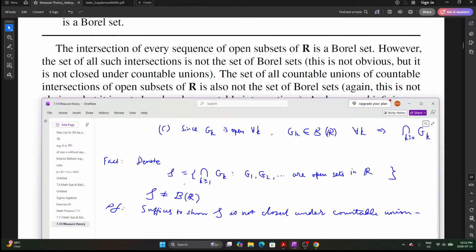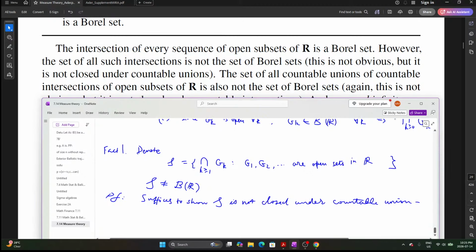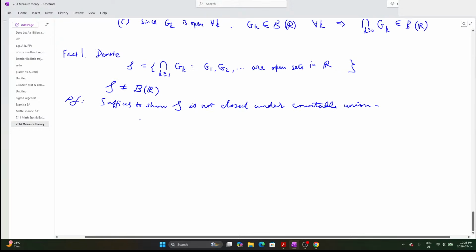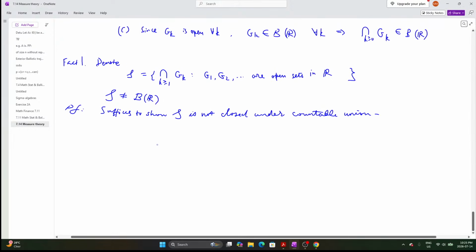Where do we even get a clue of how to construct such a sequence in S? This is fact number one: the Borel sigma algebra is not the set of intersections of open sets. Because I have no idea how to construct the sequence right now.